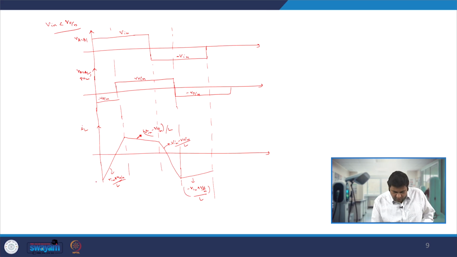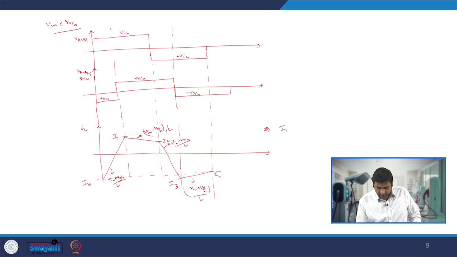If we look very carefully, this one and this one is I naught, here we can say I4, this is I3, this is I1, and this is my I2. We can say that I2 is nothing but minus I naught, which is I4, and that I1 is equal to minus I3.